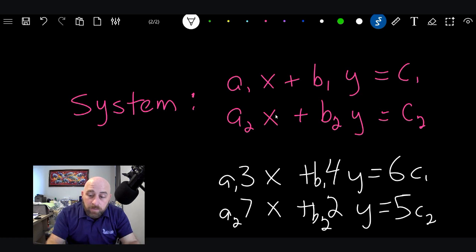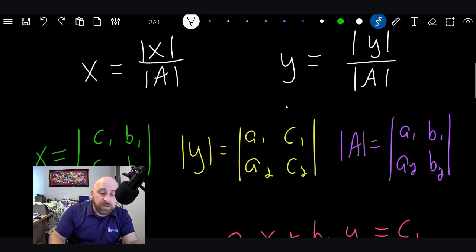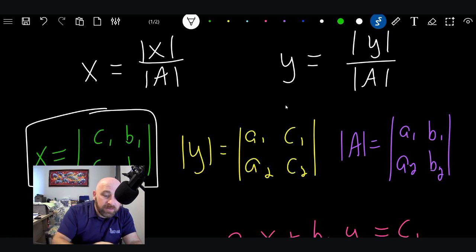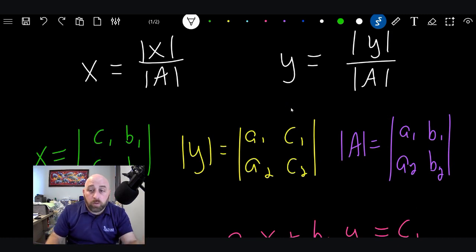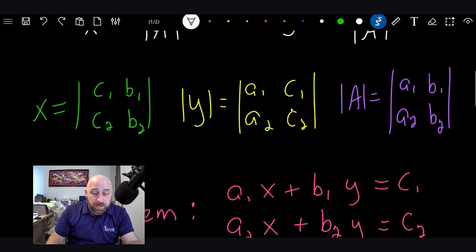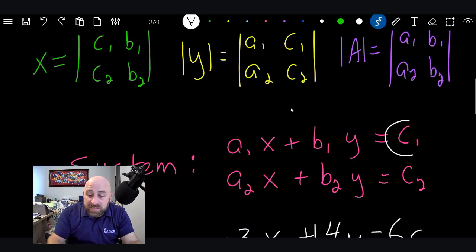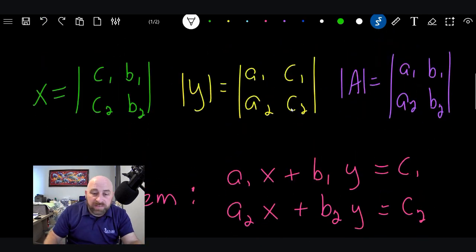And so now when we get ready to solve this, we're not going to substitute it in here. What we're going to do is substitute it into this. So everywhere that you see a C1, we're basically building a matrix right here. You're going to go find the C1. Well, what's the C1? It was 6.